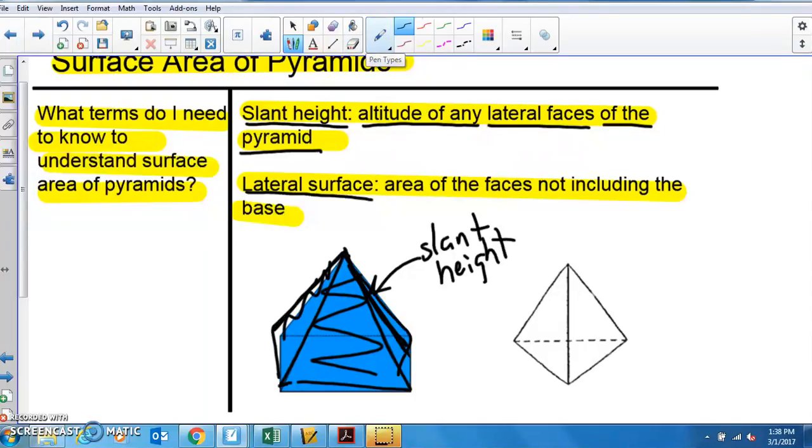It'd be the area of that right side. It would be the area of that back side. So you have to find the area of all those to get what's called the lateral surface area, or the lateral surface. It could be a square pyramid. It could be a triangular pyramid that you have over here on the right side.